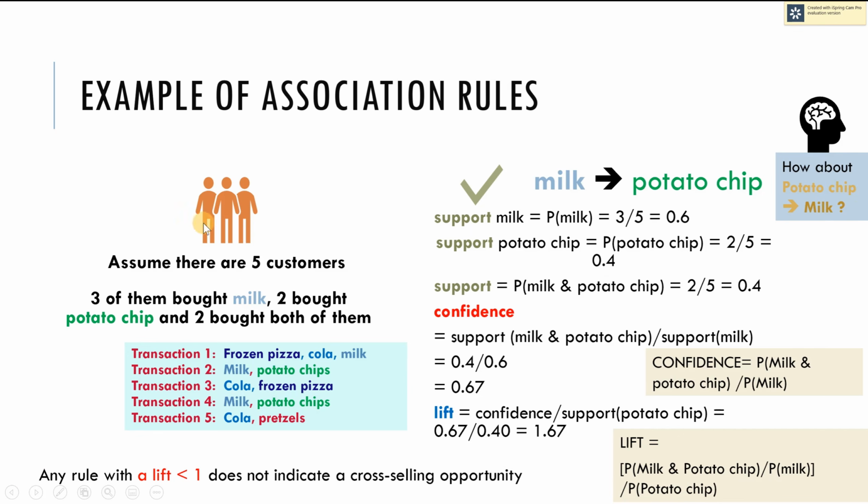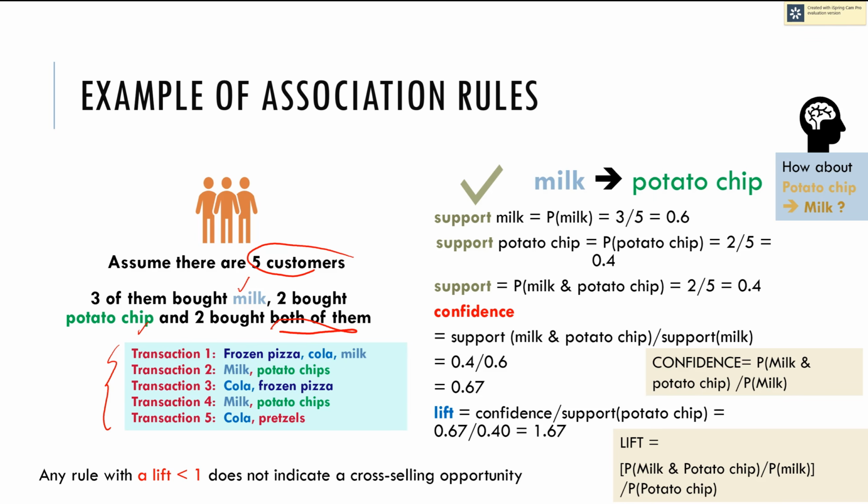Then let us take a look at the example of association rule calculation here. Assume there are 5 customers. From the customers, 3 of them bought milk, 2 of them bought potato chips, and 2 of them bought both, meaning they bought milk and potato chips as well. These are the transactions in the point of sale, in a bill. Transaction 1, customer 1 bought frozen pizza, cola and milk, while the second customer bought milk and potato chips.